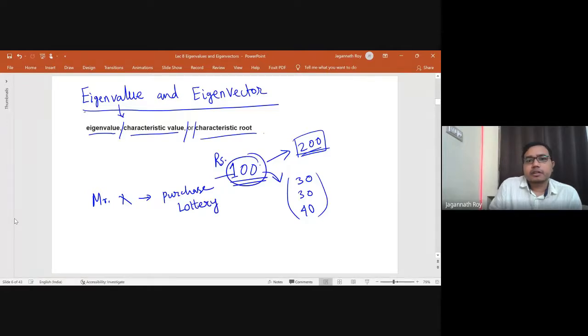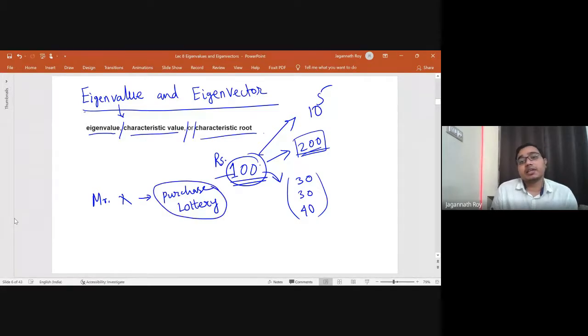So this 100 can also be like this power. It can be 1 lakh, 1 crore, if he is lucky. If he is unlucky, then he will lose, and 100 will go to 0. So that is not a wise choice.